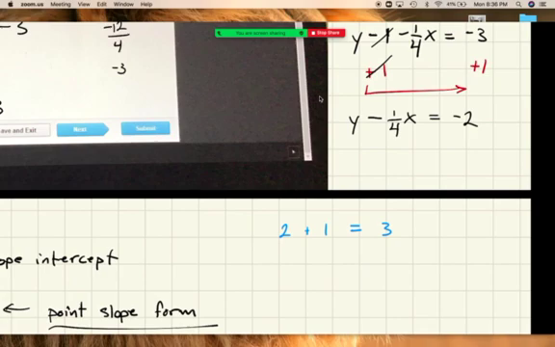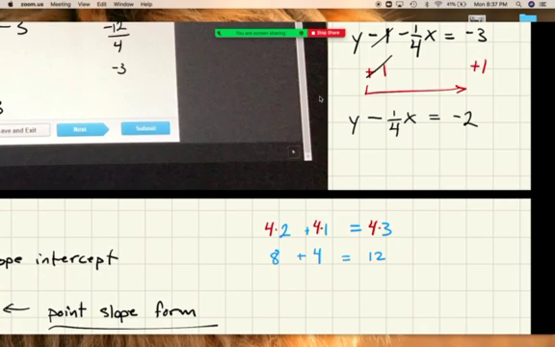Let's do 4 like we're doing. As long as I do 4 times everything, I do it to this term, and to this term. Whatever I end up with, 4 times 2 is 8, 4 times 1 is 4, 4 times 3 is 12. This is still true. It still works out.